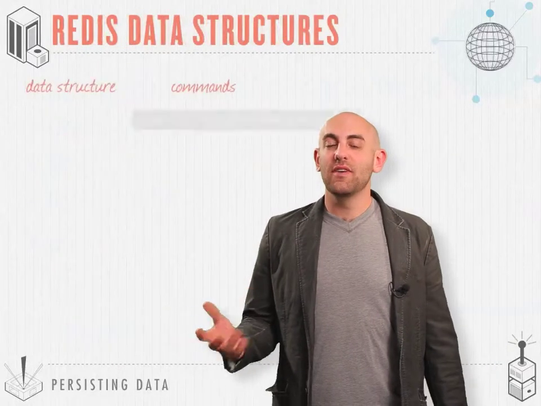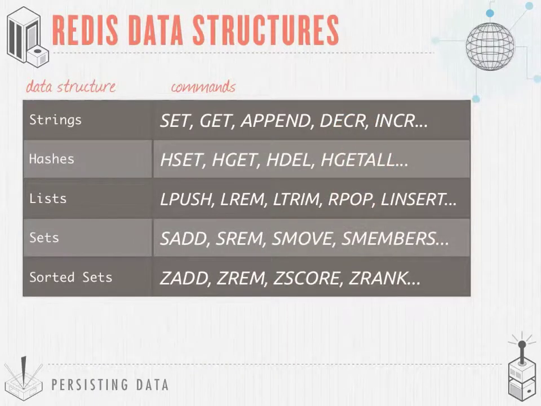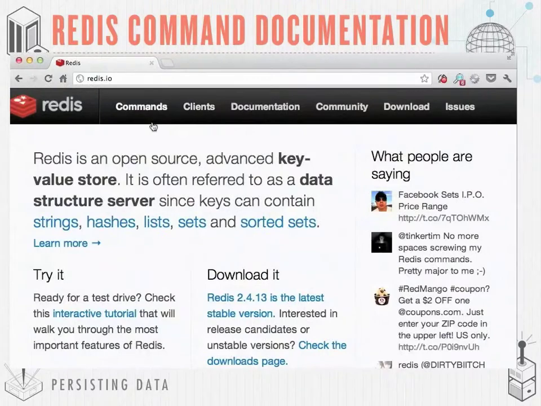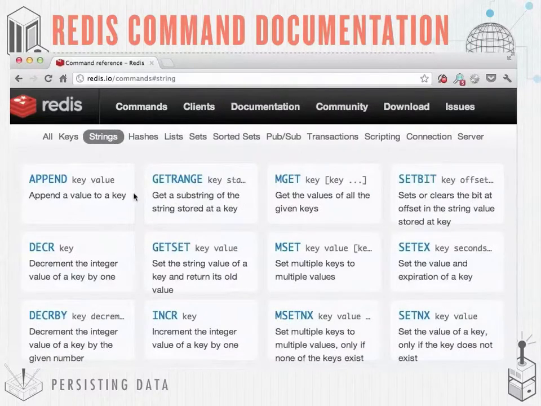Redis is a key value store, but more importantly, it doesn't just store strings as values. It can store things like lists, hashes, sets, sorted sets, and you interact with all of these data structures in Redis using commands. Redis has a really great documentation website where you can go and search for commands by the data structure.